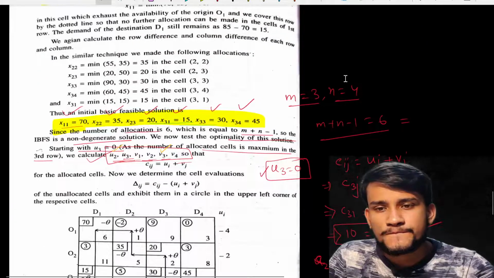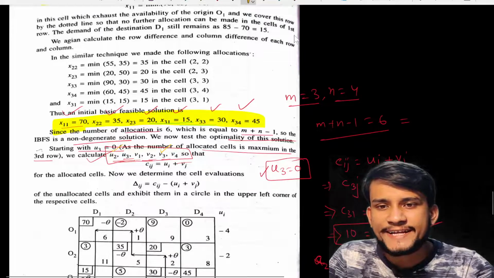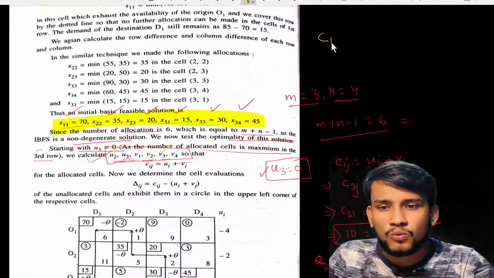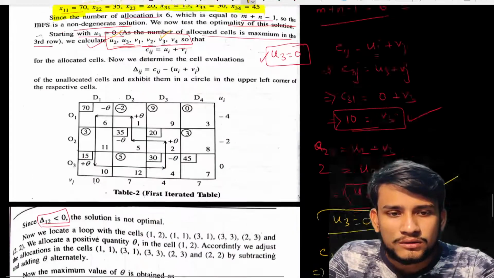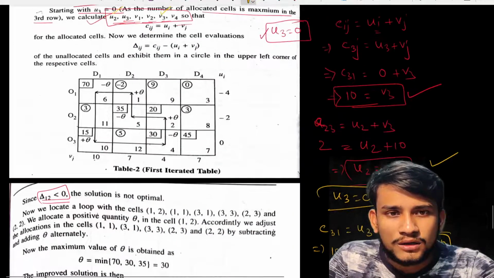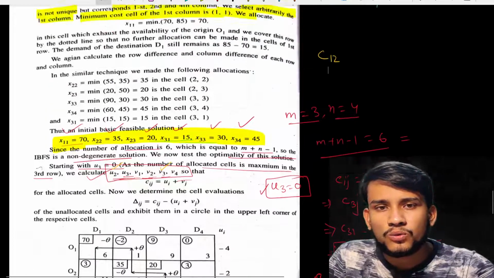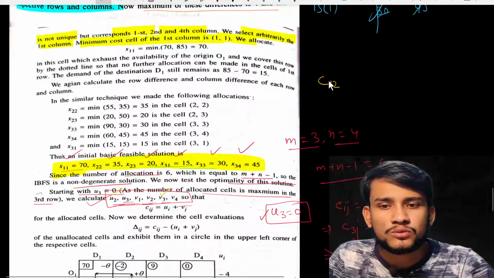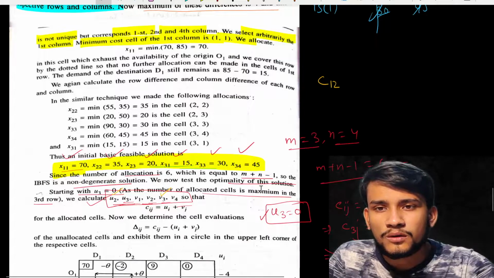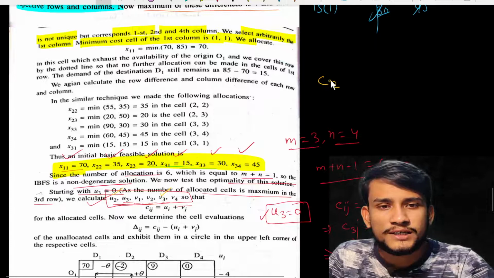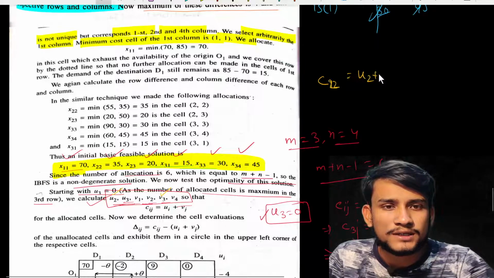Now we write c22, which is equal to u2 plus v2.